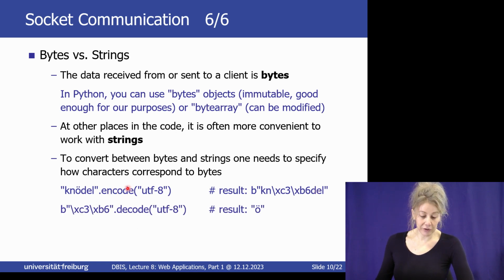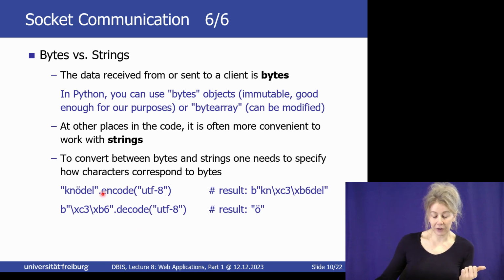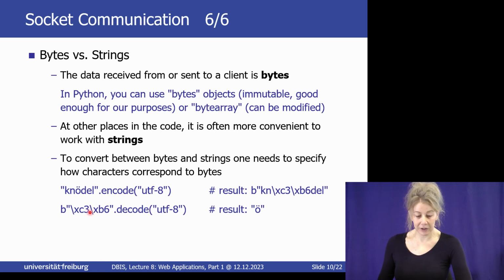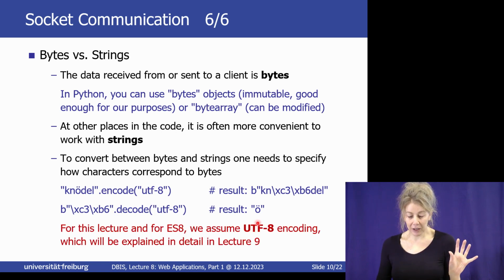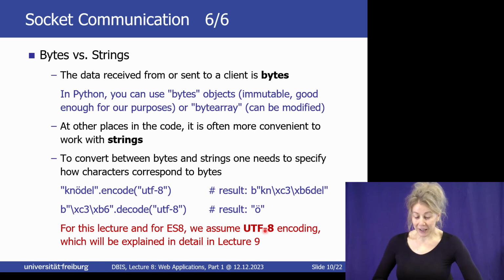That's the other way around. The functions in Python are called encode and decode, turning a string into bytes or turning bytes into strings. So here I have 2 bytes, which are just the German umlaut Ö, same as here. And if I decode them, I have to say which encoding I'm using. A whole next big part of the next lecture will be about UTF-8, because it's super important for every information system, as somehow it has to encode text.